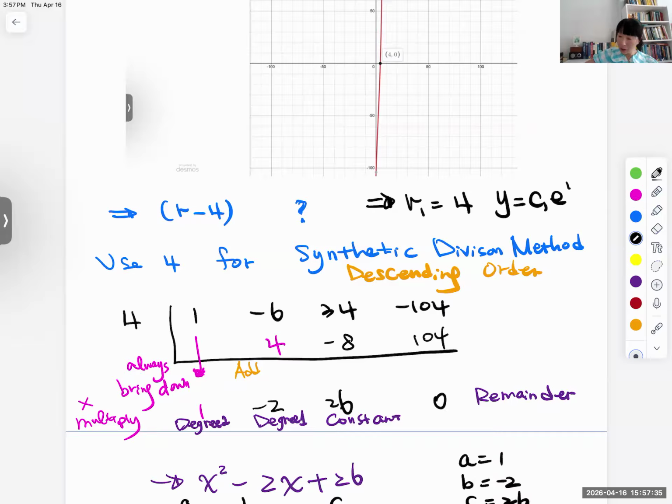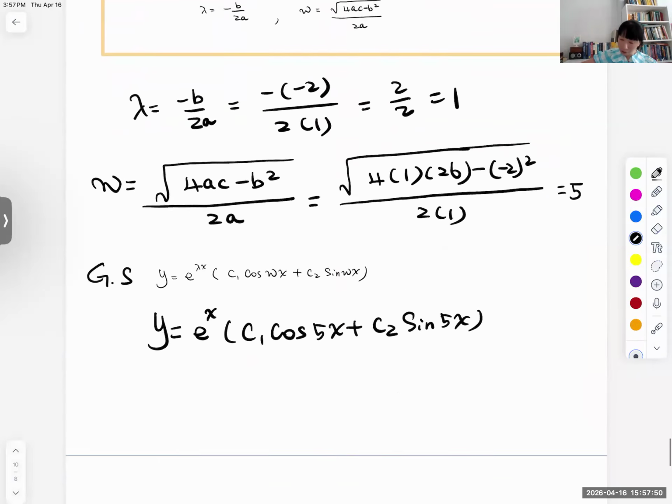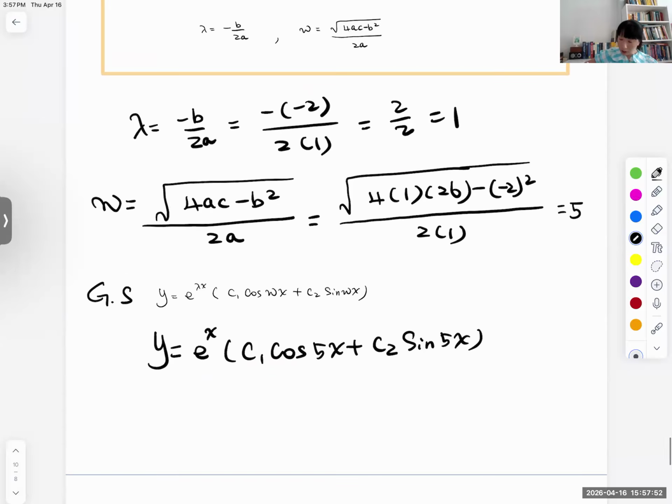Yeah, we can express from the real number solution. Yeah, just one term we are using that, right? Yeah. Okay, C sub 1 e to the 4x. Then we are using this one, C sub 2 and C sub 3, right? C sub 2, C sub 3.